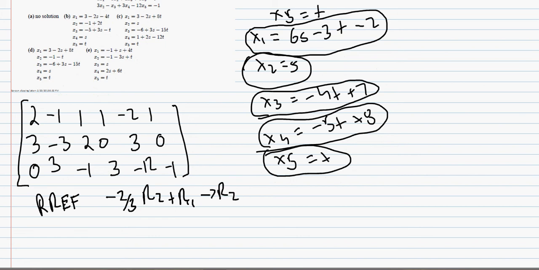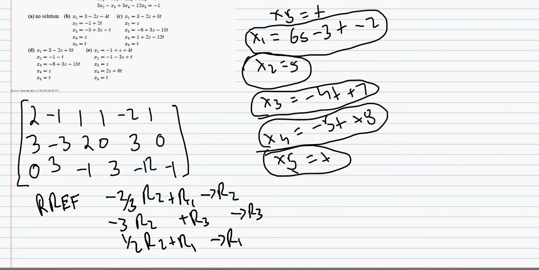Then I did negative 3 times row 2 plus row 3 changes row 3. After that, I did 1/2 times row 2 plus row 1 changes row 1. Those are the steps I've done.